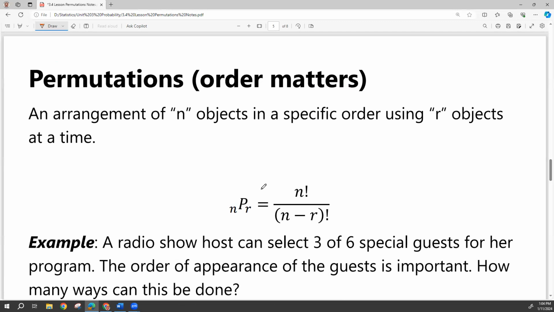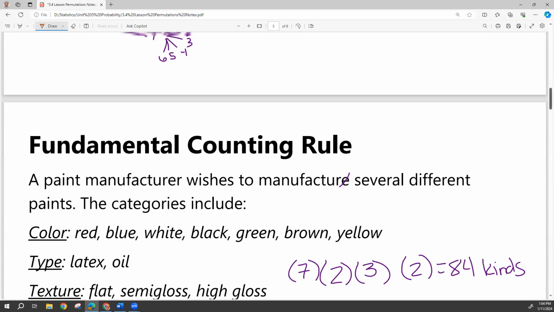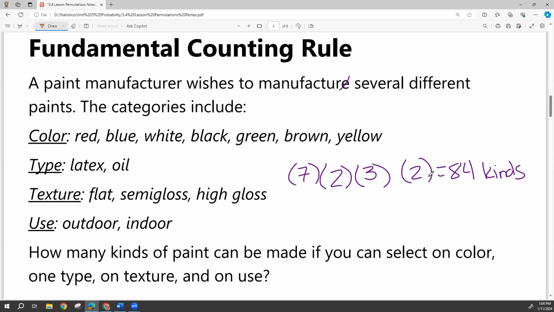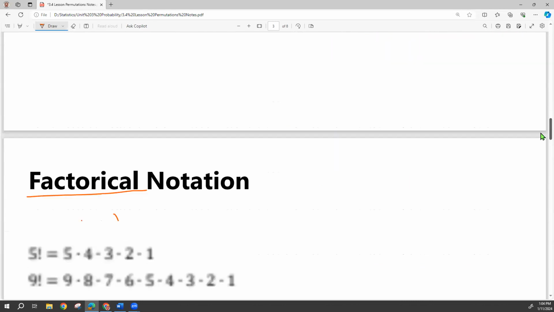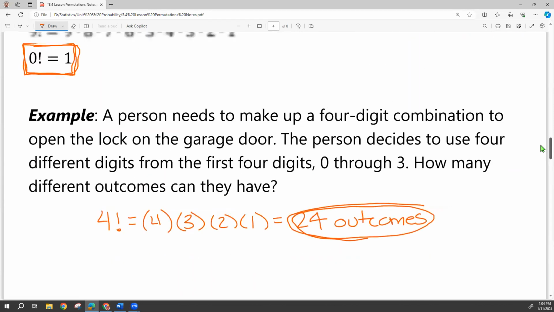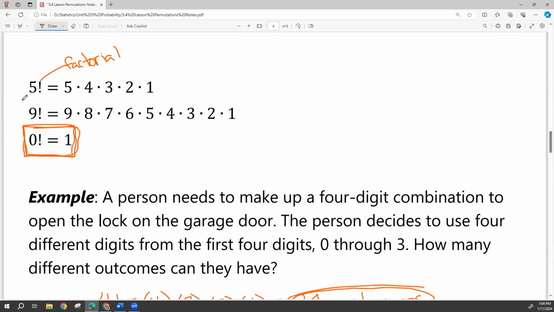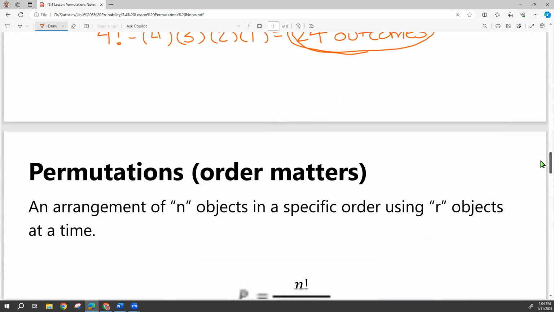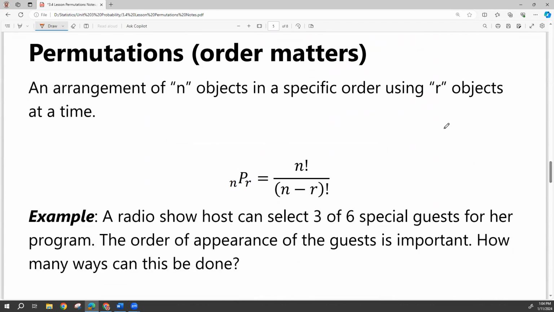And so that leads us to permutations, which is kind of the star of the lesson. The fundamental counting rule, we were just multiplying all the total possibilities for each event. Our factorial is just a review of the notation, because we're going to use factorial to do permutations.